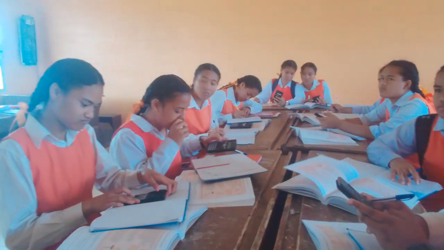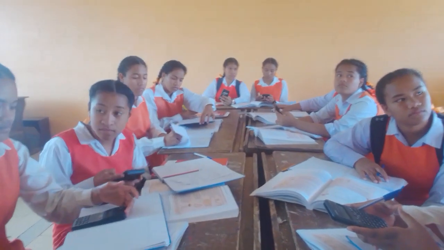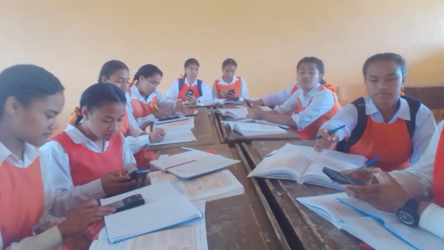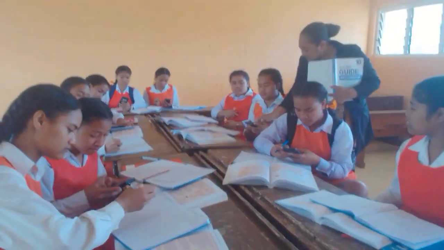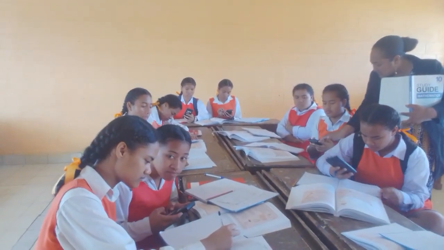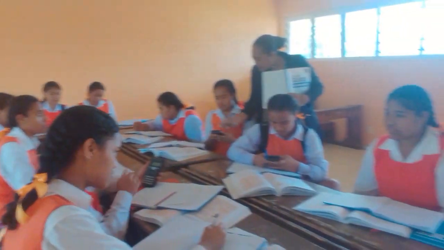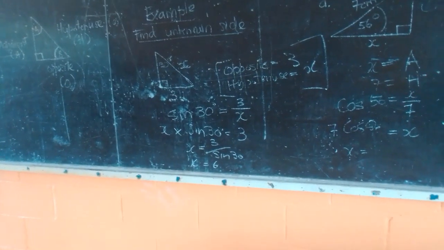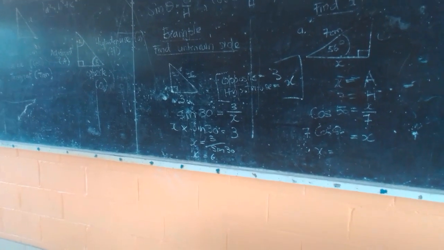7. When you press cos, be careful with your calculator because different calculators have different methods of pressing. So you have to be careful. Get used to your calculator. But most calculators are straightforward: 7 times cos 56 equal.